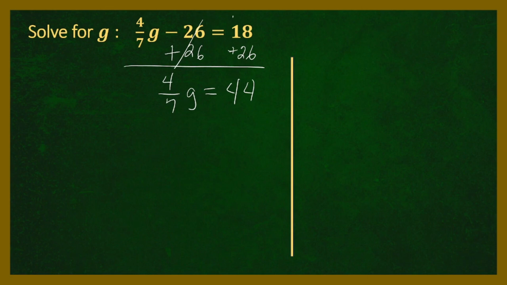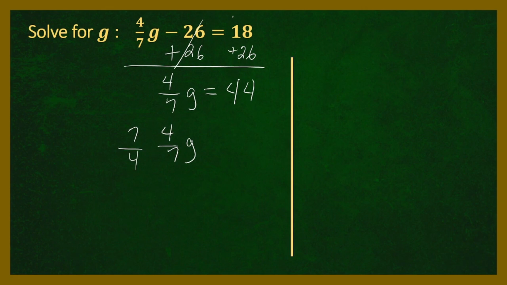In order to solve for G, we need to multiply the coefficient by its reciprocal. Well, the coefficient is 4/7, and the reciprocal of 4/7 is 7 over 4.